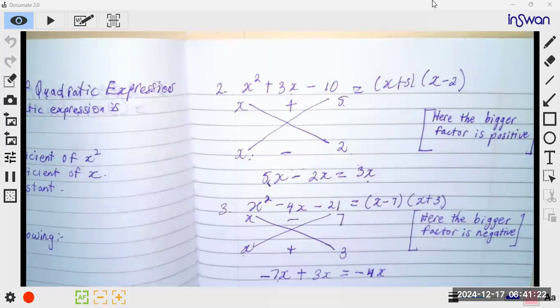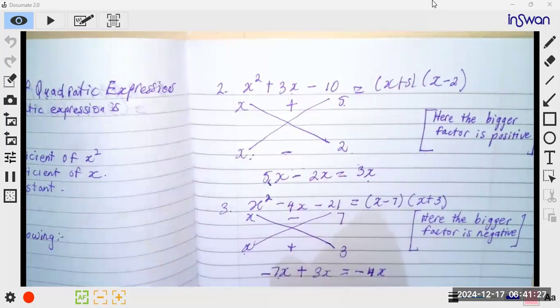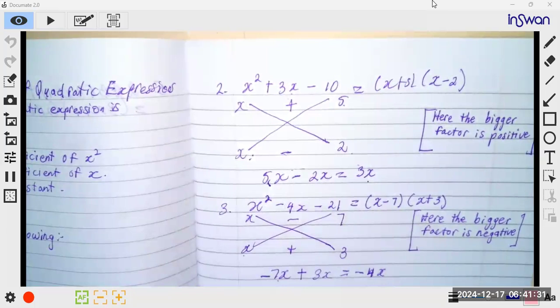The next one will be number 4: x squared minus 7x plus 6. In this case, both factors will be negative.